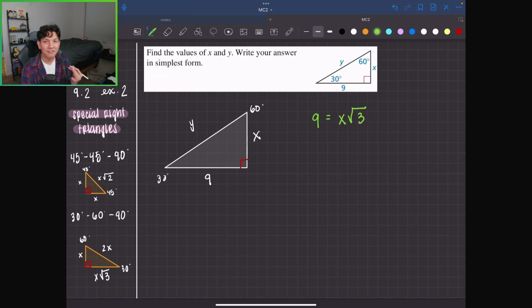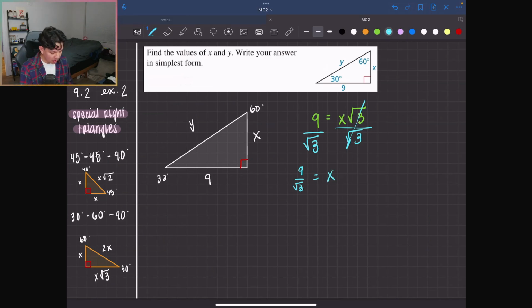Now let's go ahead and find out what the value of x is. And that's going to tell us what the side opposite from 30 degrees is. Okay, so if I wanted to isolate the variable x here, I'm going to divide both sides by root 3. Cool. So now what do we have? Well, we have 9 over root 3 equals, well, x root 3 over root 3. That's just going to be 1x.